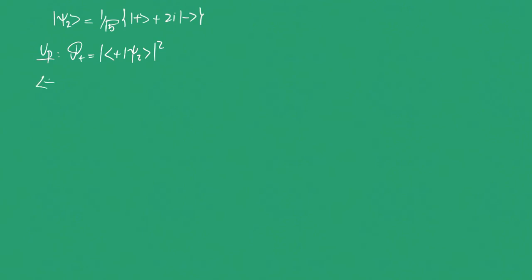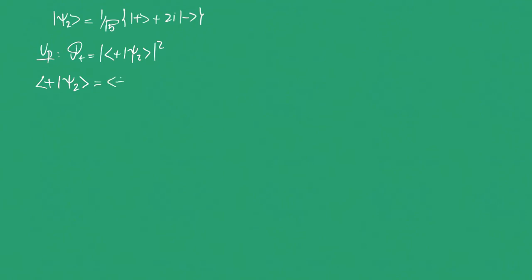Now, moving on to our next quantum state, ket psi 2, given by 1 over square root of 5 ket plus 2i ket minus. The probability of finding spin up is given by this expression, the modulus squared of this inner product. I will start by calculating this inner product and then plugging back the value found into this expression for the probability.